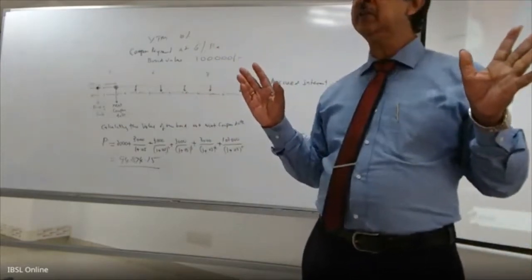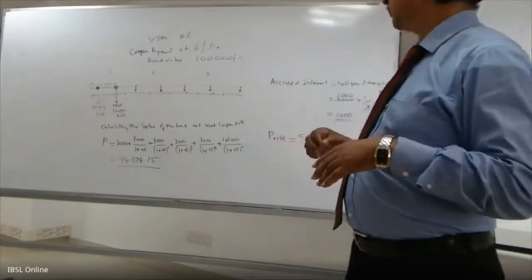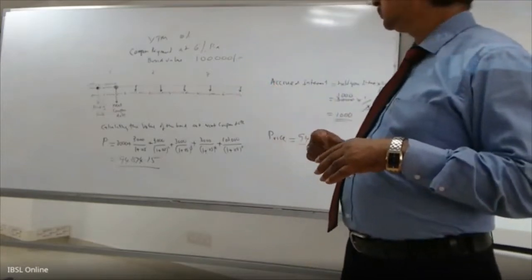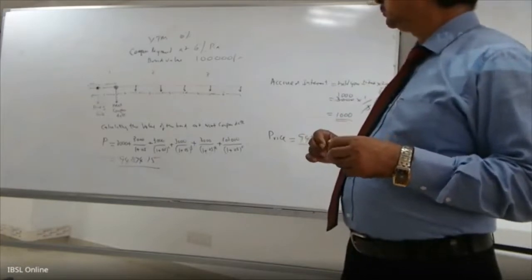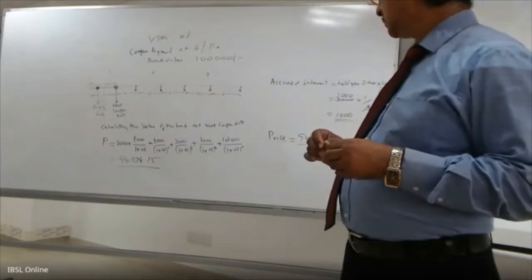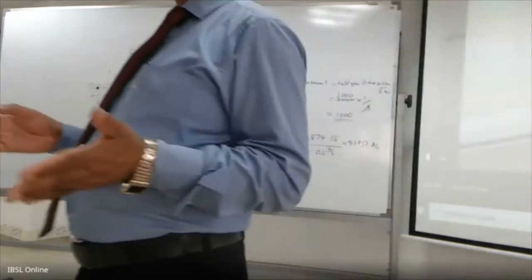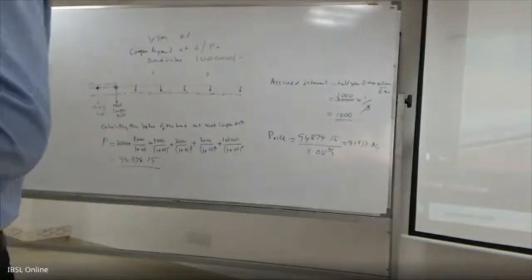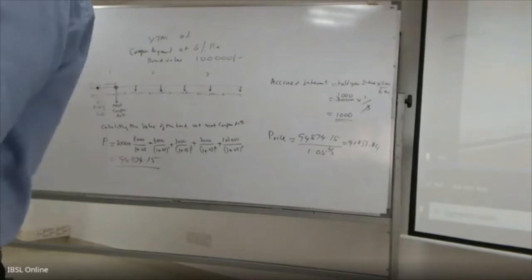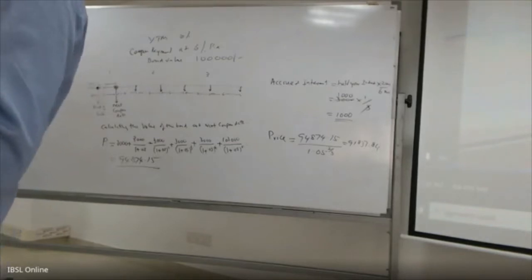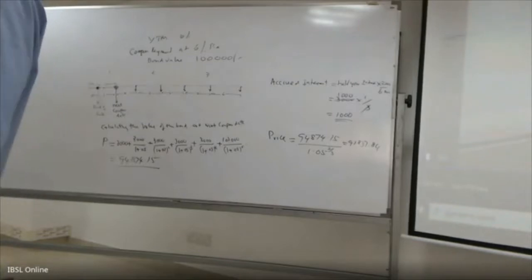Do you agree with me? In markets, sometimes the accrued interest is not paid. That all depends on the agreement between the buyer and the seller. But in normal circumstances, the accrued interest is paid.